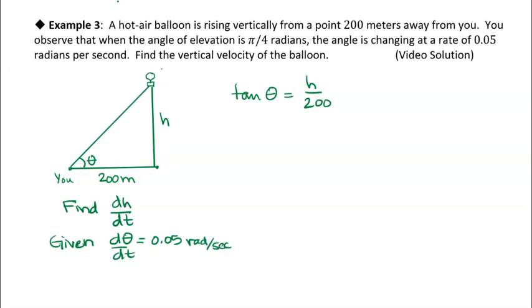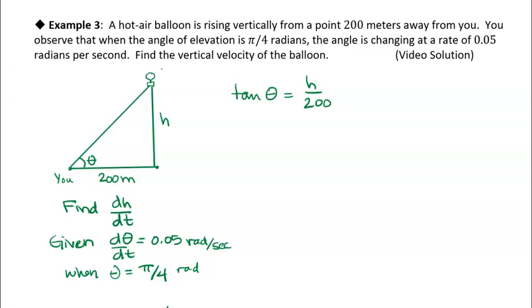So we're given the rate of change of the angle. And that's at the point when theta is equal to pi/4. At that particular point when the angle is pi/4, the angle is changing at a rate of 0.05. And this is in radians, of course.